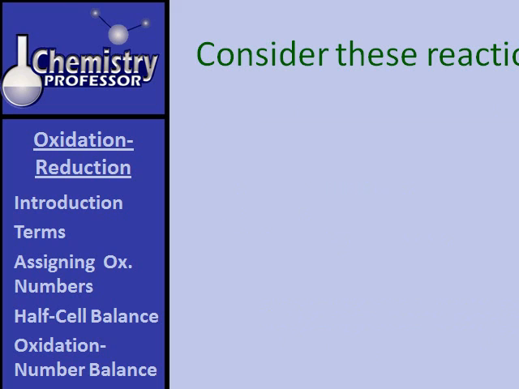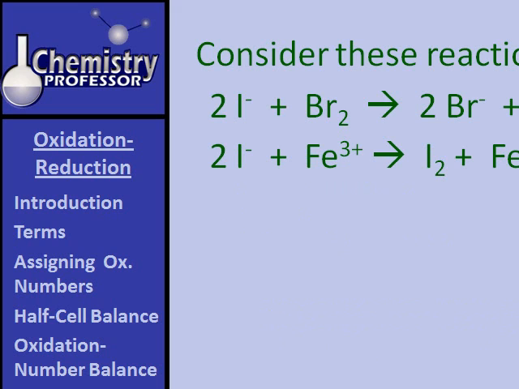Look at this series of reactions. Now here are 4. Let's see if you can do them. We have 2 iodide ions plus bromine producing bromide ion plus iodine. That's one reaction. Then when we put the iodide ion with the ferric ion, we get iodine and the ferrous ion. When we put the bromide ion with the ferric ion, we don't get a reaction at all.